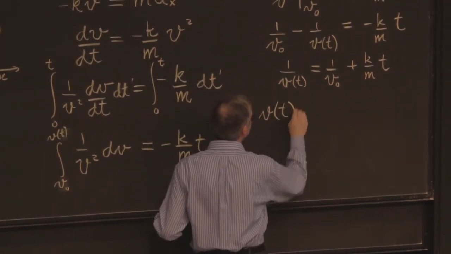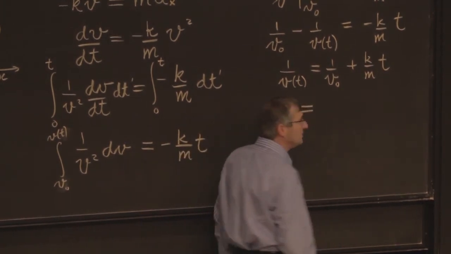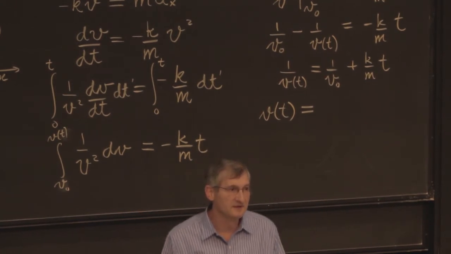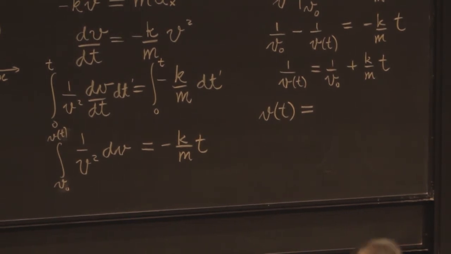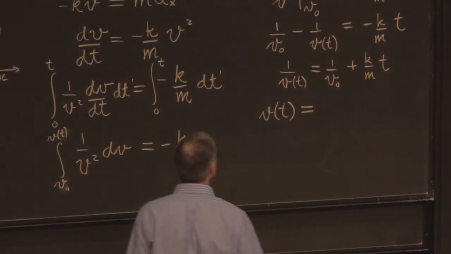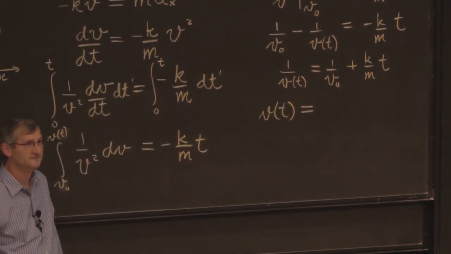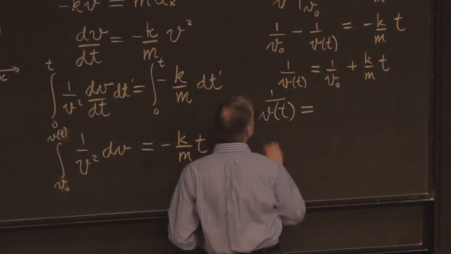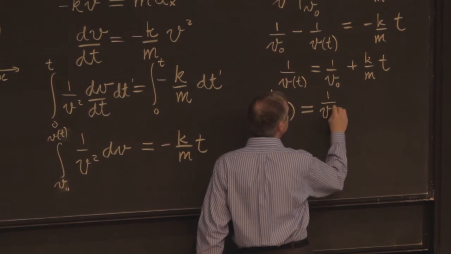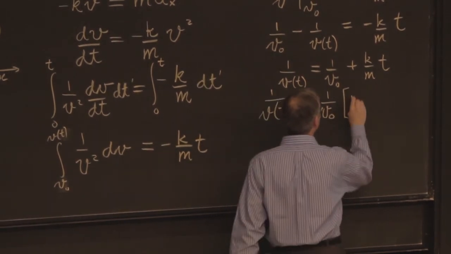V of t is equal to, you know, before I do this flipping, I think it makes sense to do a little factorization. What should I pull out of the two terms on the right? Yeah, I think if I pull out a v naught, so I'm going to leave this as that way, 1 over v naught, then the first term is 1.